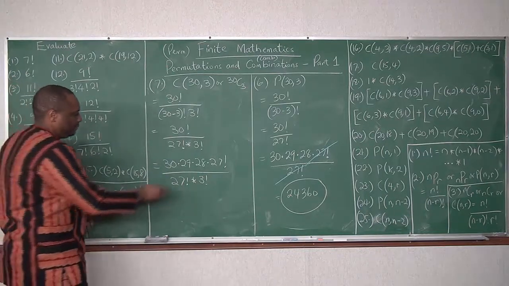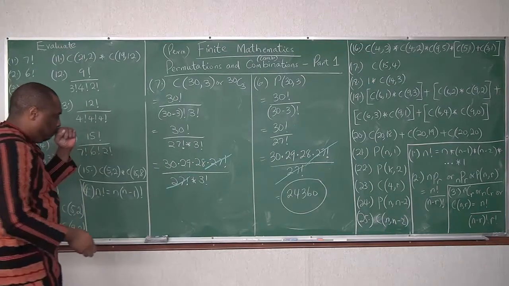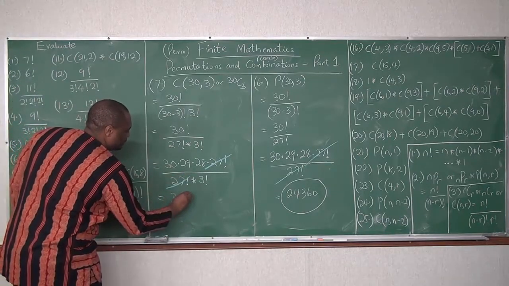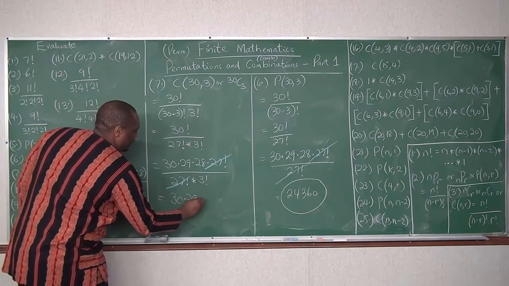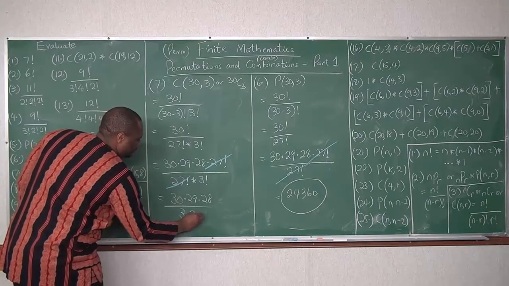So we now have bam, bam, that goes. So we now expand this. This is 30 times 29 times 28 over 3 times 2 times 1.